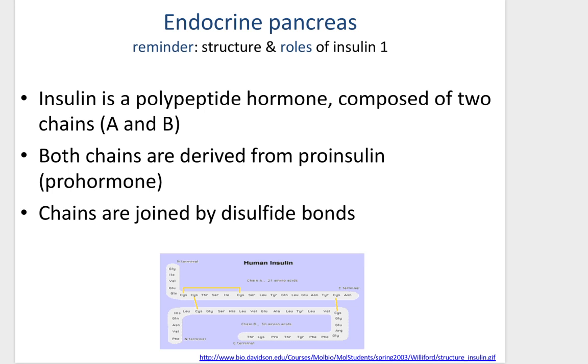Structure and roles of insulin. Insulin is a polypeptide hormone composed of two chains, A and B. Both chains are derived from proinsulin or prohormone. Chains are joined by disulfide bonds.